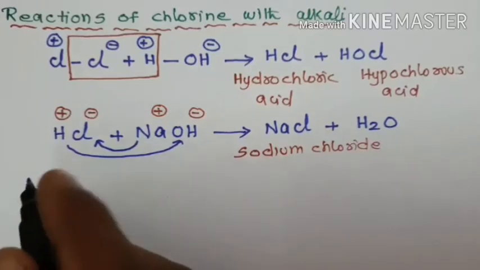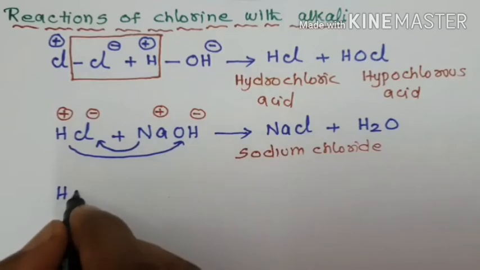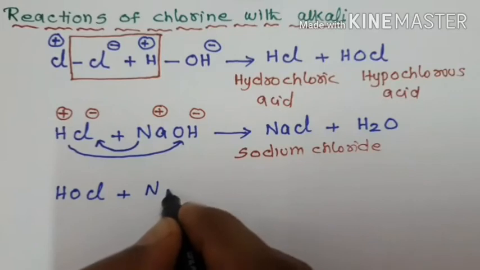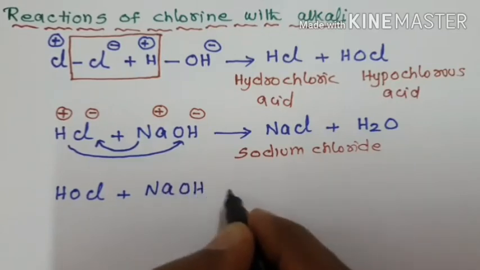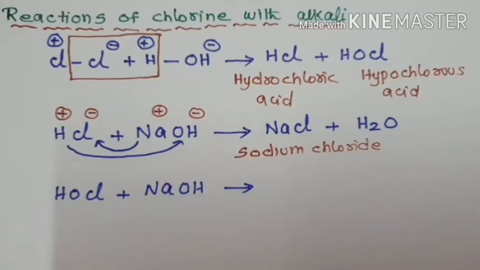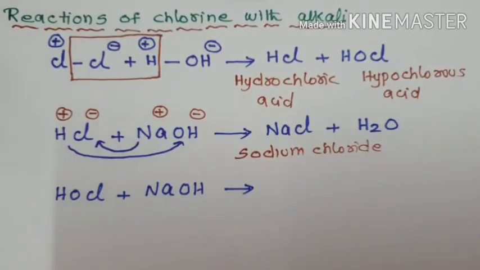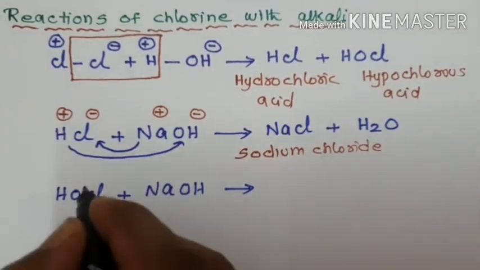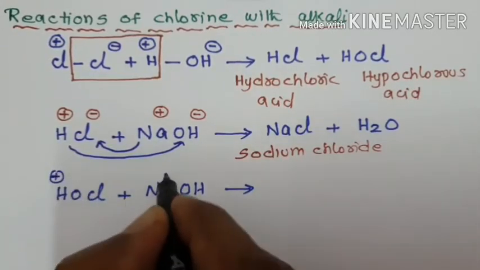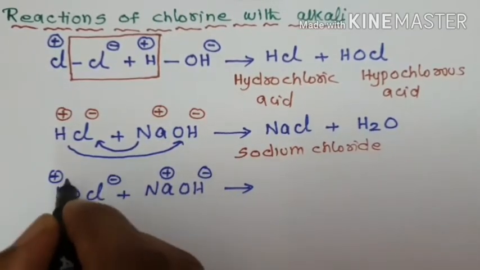HOCl, hypochlorous acid, when treated with alkali, a soluble base, sodium hydroxide, gives NaOCl. This is your H plus, Na plus, OH minus. This is your negatively charged ion.